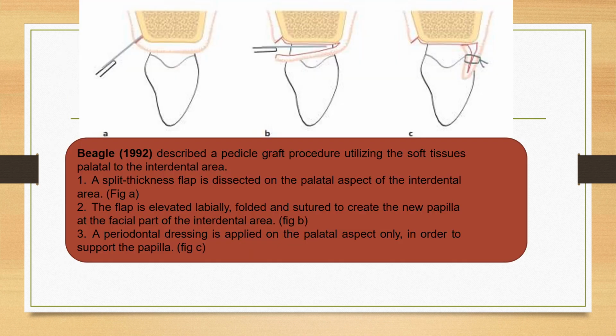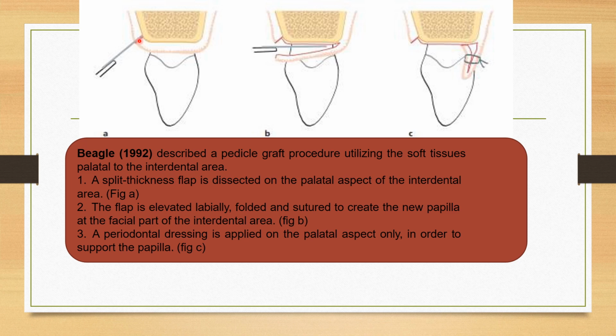Coming to the papillary reconstruction procedures, according to Beagle 1992, he described a pedicle graft procedure utilizing the soft tissues palatal to the interdental area. So this is the lingual side of the papilla.